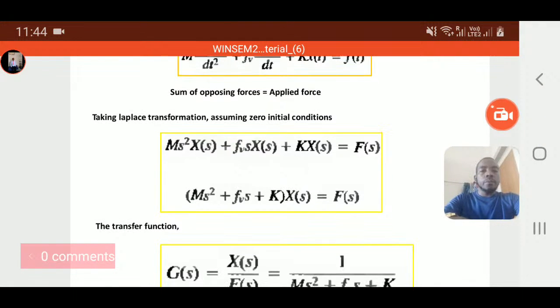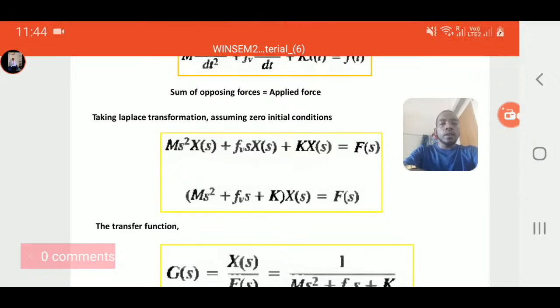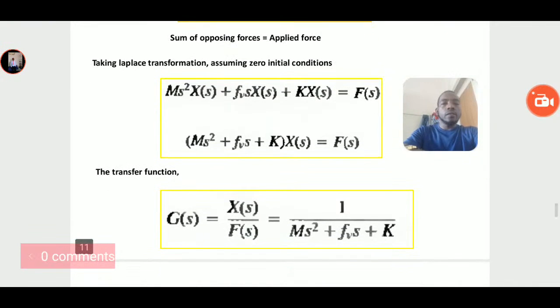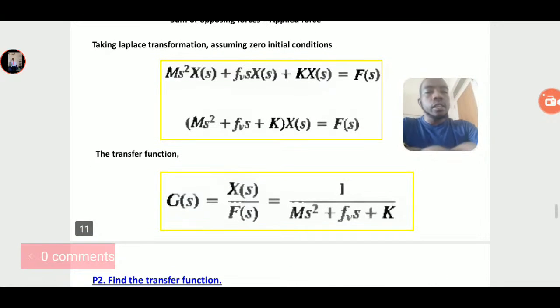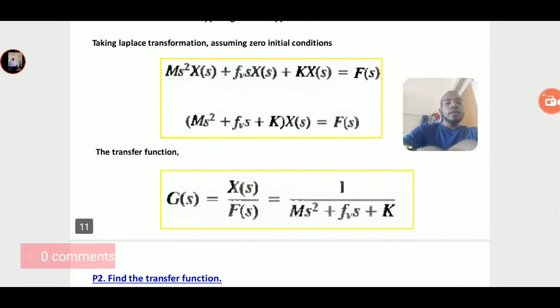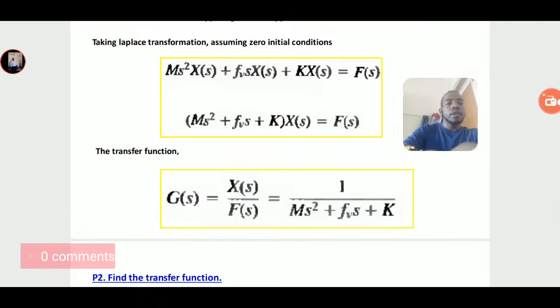Now we are going to get the transfer function. The transfer function is the ratio of the output to the input.